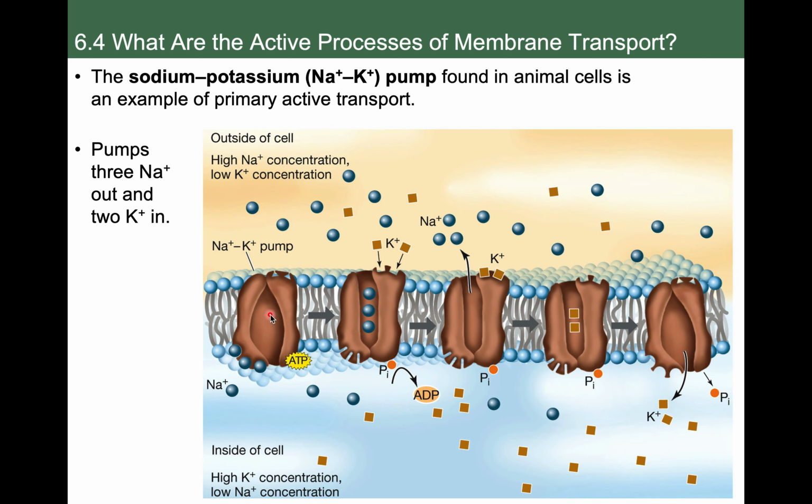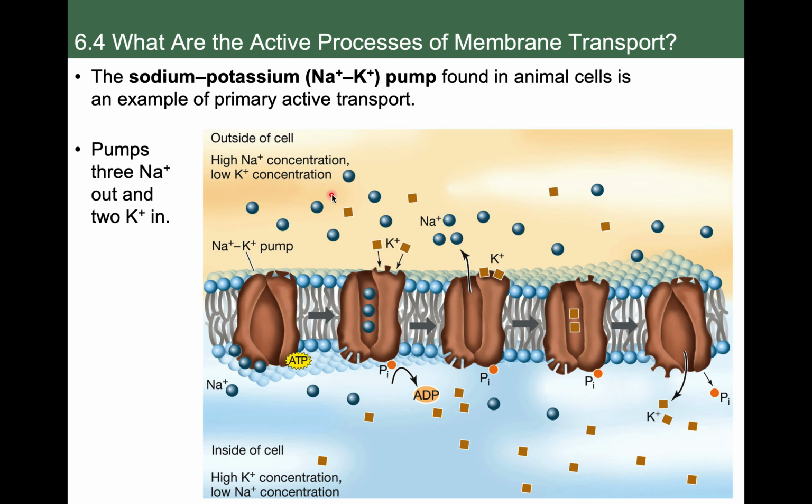This particular example is the sodium-potassium pump. It will move 3 sodium ions in one direction across the membrane, and then 2 potassiums in the opposite direction. This would be considered an antiporter.